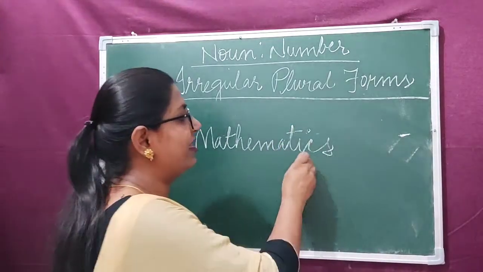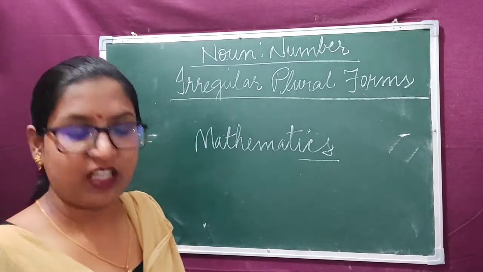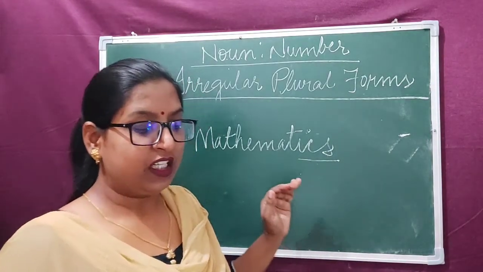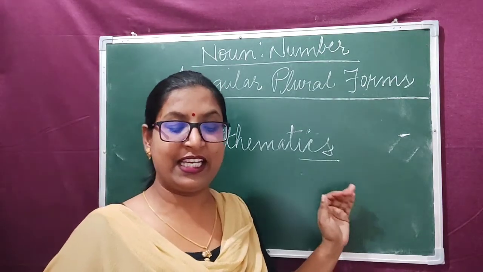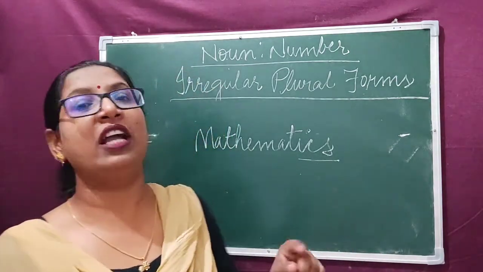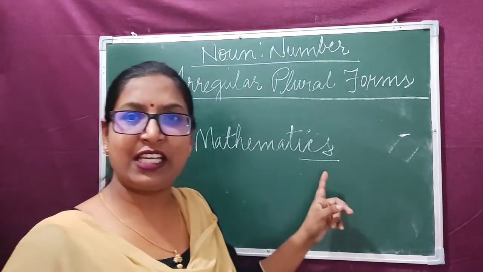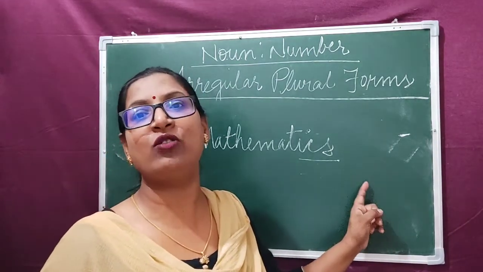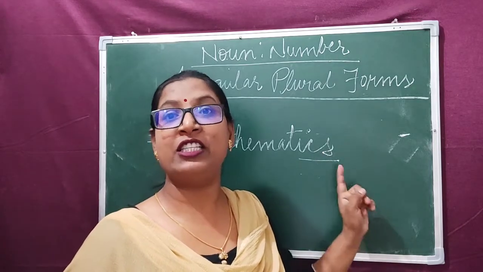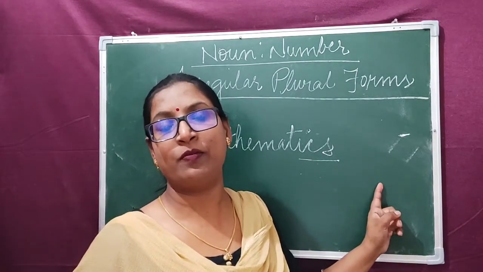It is ending with ICS. Clear? So, dear children, some nouns which are ending with S or ICS are usually singular uncountable nouns. When we see this, it seems plural. But it's not plural, it is singular in number. It is a singular uncountable noun.